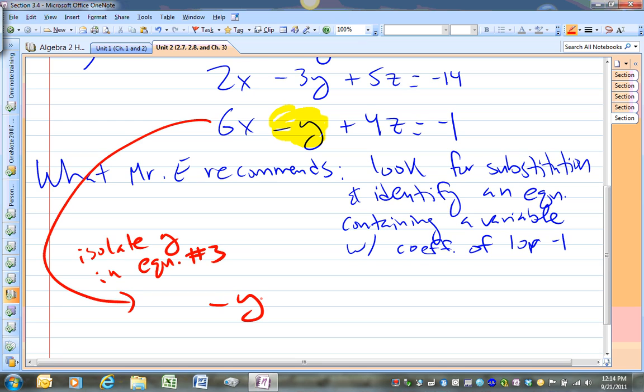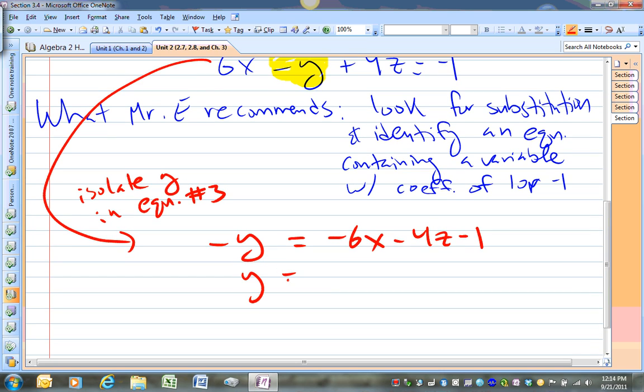So negative y equals negative 6x minus 4z minus 1, or y equals 6x plus 4z plus 1. That's because I divided both sides by negative 1, or multiply both sides, same thing.